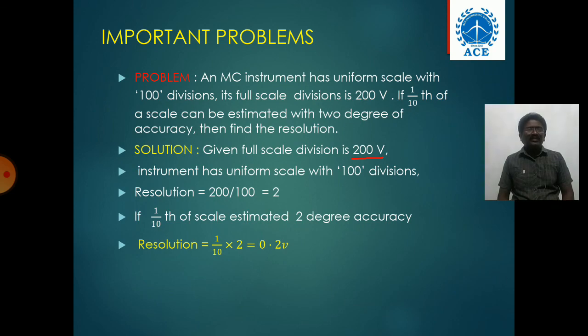So finally, we study multimeters. A multimeter is the combination of the voltmeter, ammeter and ohm meter. The combination of these three circuits together is the multimeter.